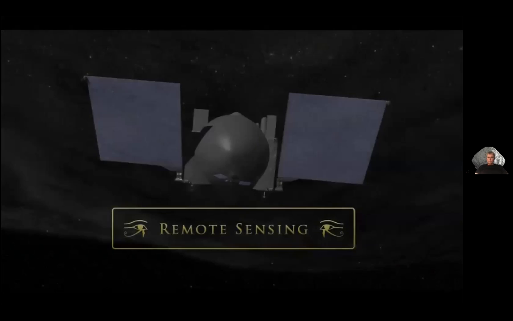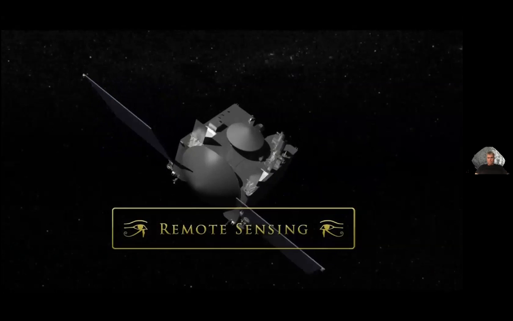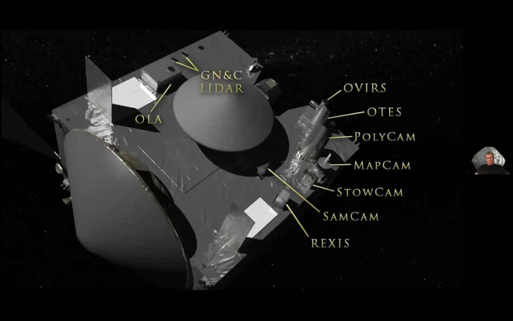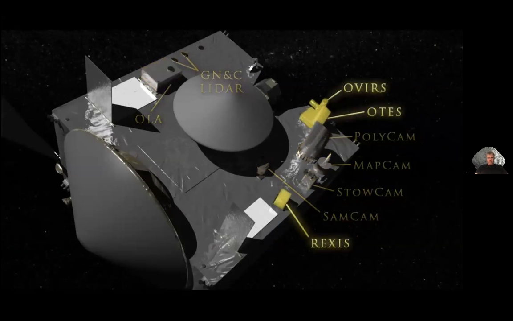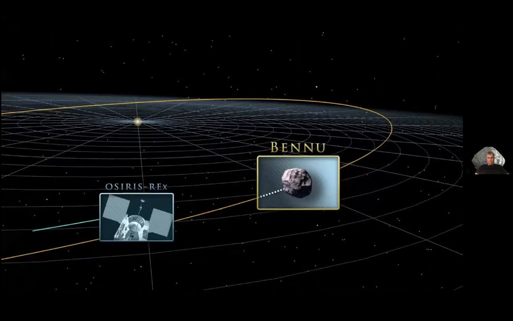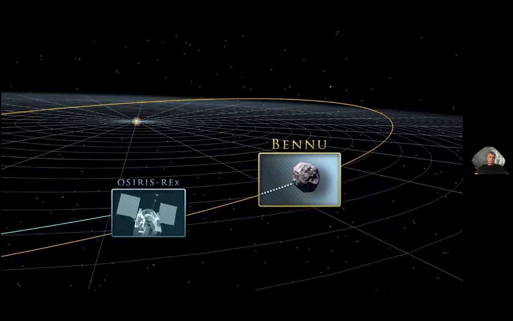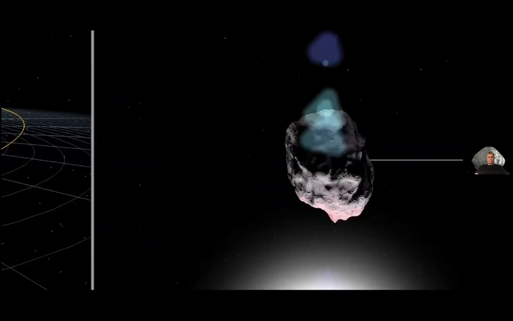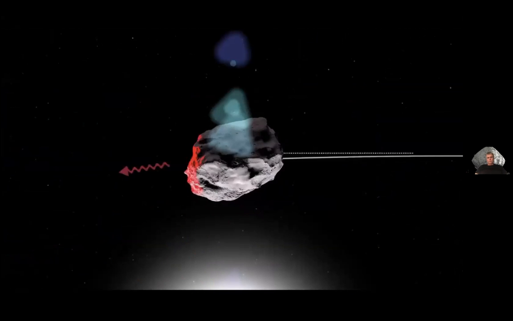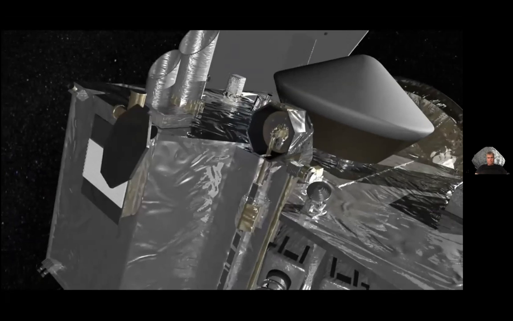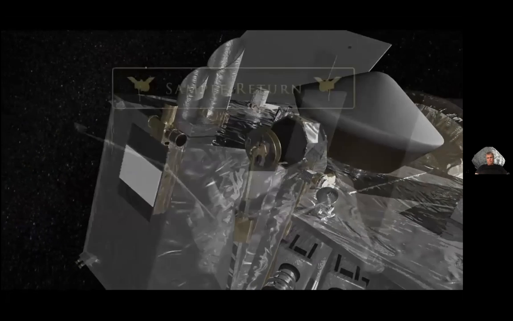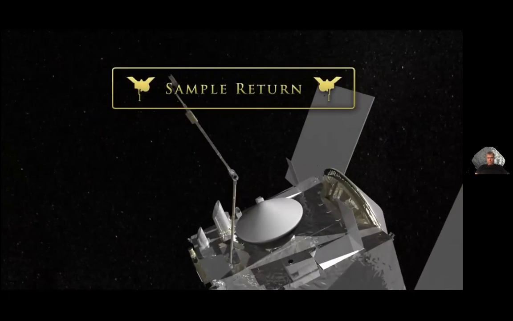The OSIRIS-REx payload contains several instruments for remote sensing observations, including high-resolution cameras, LiDAR, and X-ray, visible light, and infrared spectrometers. Knowing the physical properties of Bennu will help scientists to refine its orbit over time, including deviations caused by heating and cooling from sunlight, and it will allow them to pick a site for OSIRIS-REx's primary mission, retrieving a sample of the asteroid for study on Earth.